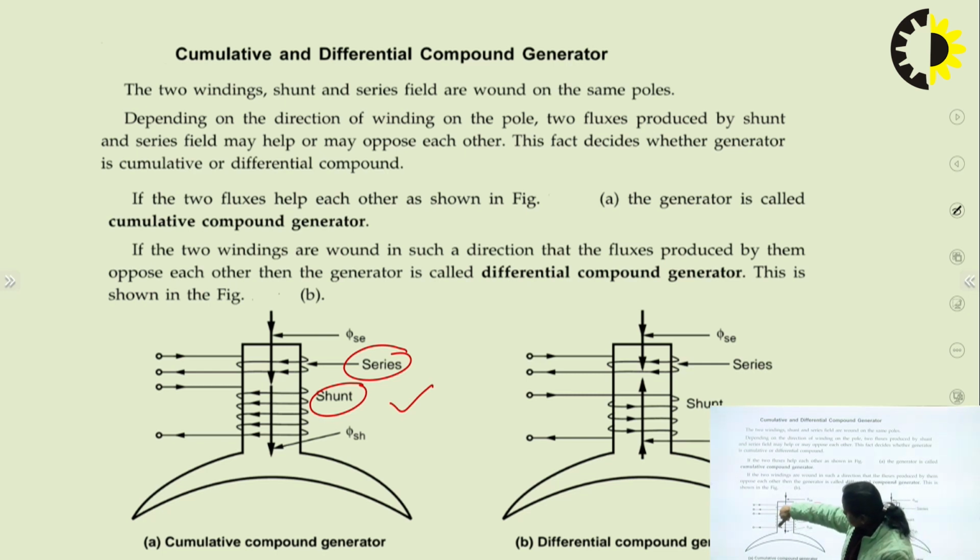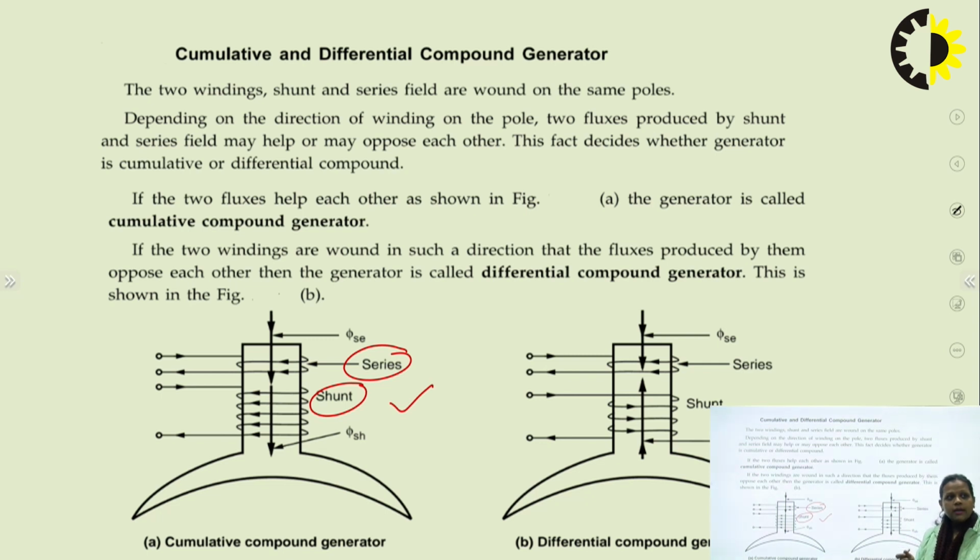So you can see that for both the windings, the direction of the flux is downward. So the direction of flux is the same. This type of generator is called a cumulative compound generator.